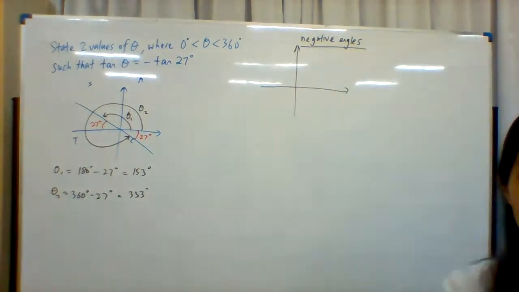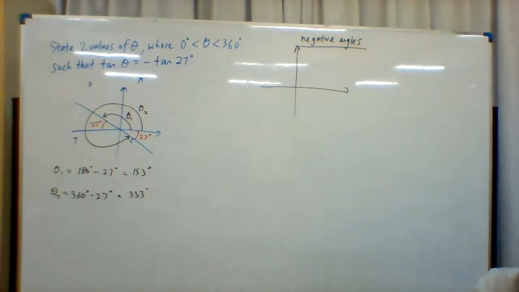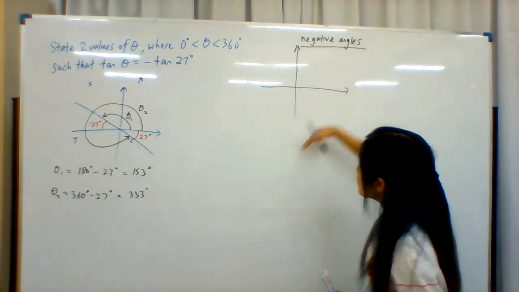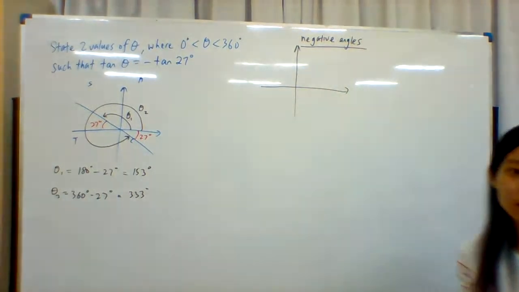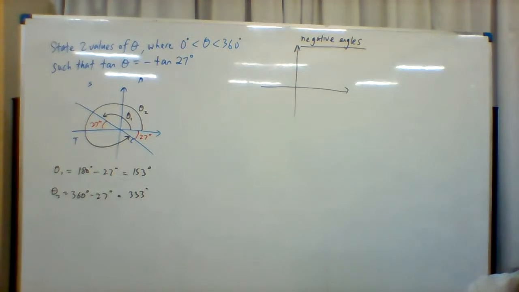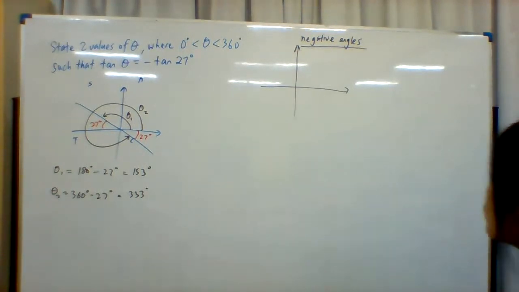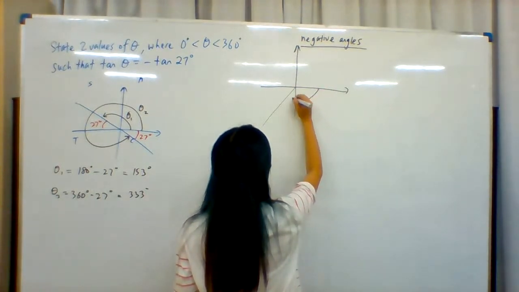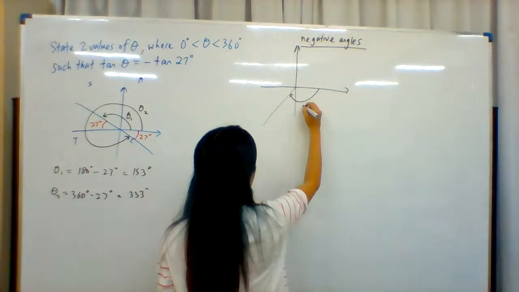Okay, for negative angles, we start from the x-axis here also, but we are going to move in the clockwise direction now instead of anti-clockwise. Alright? So if let's say you have like negative 135, then remember we will start here, we will end here, your obtuse angle.